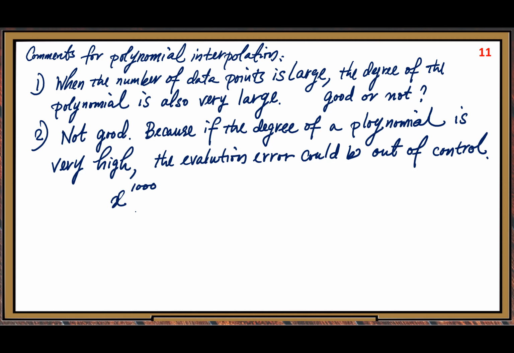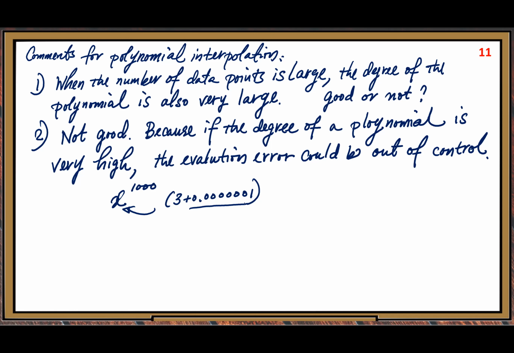Because when we plug in x, many times we may have some small error, right? Let's say we like to plug in, for example, 3, but due to some reason there is some very small possible error.